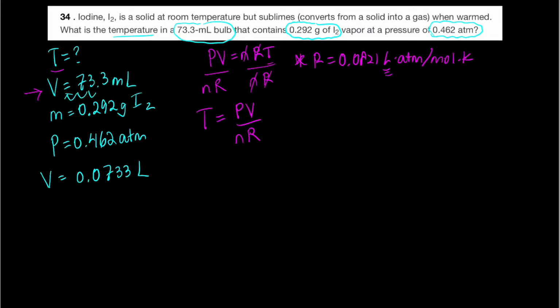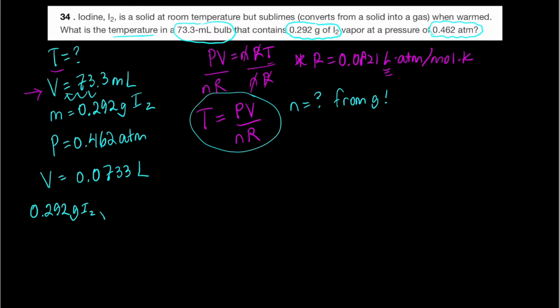The mass is 0.292 grams. Mass is not in this formula, but n is. So what is n? We can find n from the grams. We have 0.292 grams of iodine, and we need to convert that to moles.